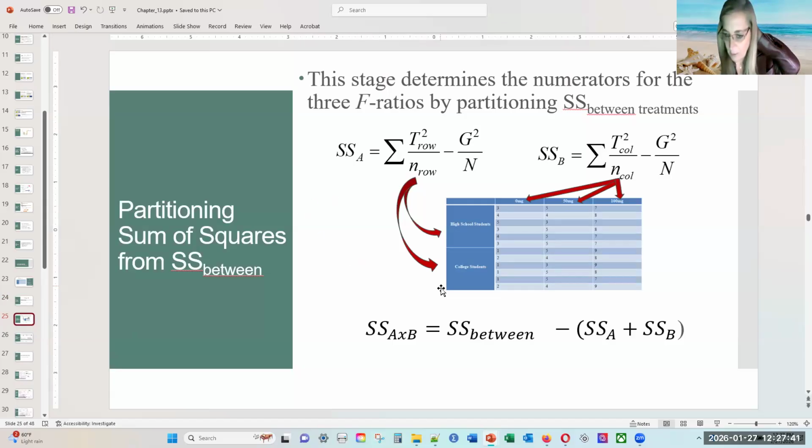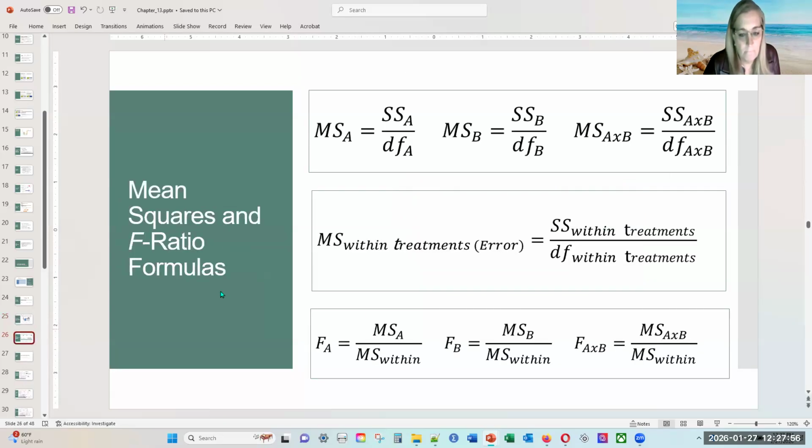All right. Here I laid out the formulas for each of these calculations to show you where you're getting the numbers from, to help you visualize it. Once you have calculated the sum of squares for each of the factors, as well as the degrees of freedom and for interaction, you can calculate the mean squares within treatments, the error.